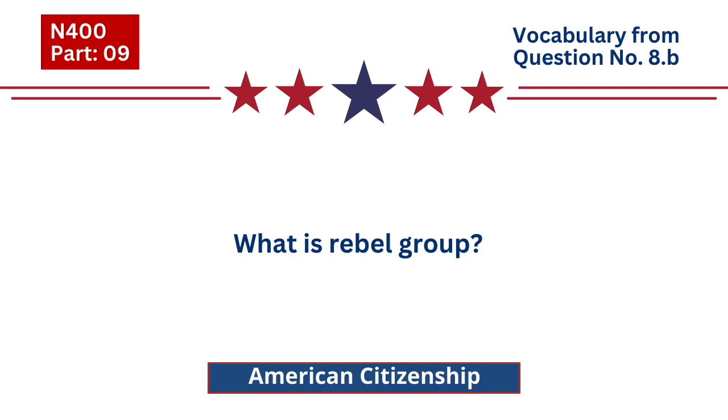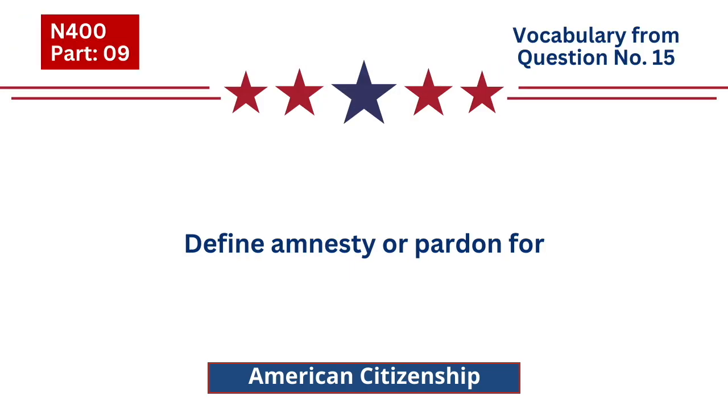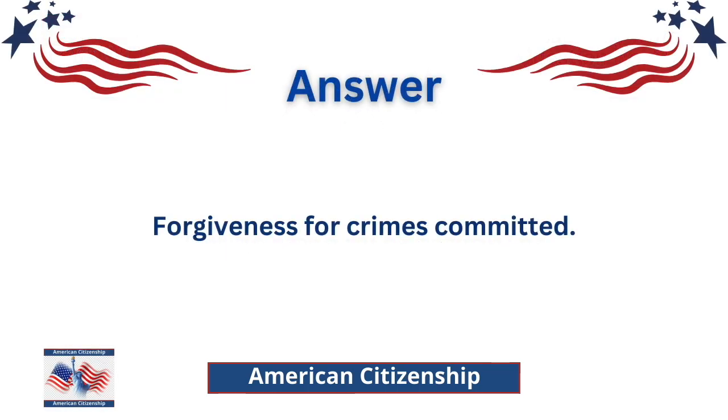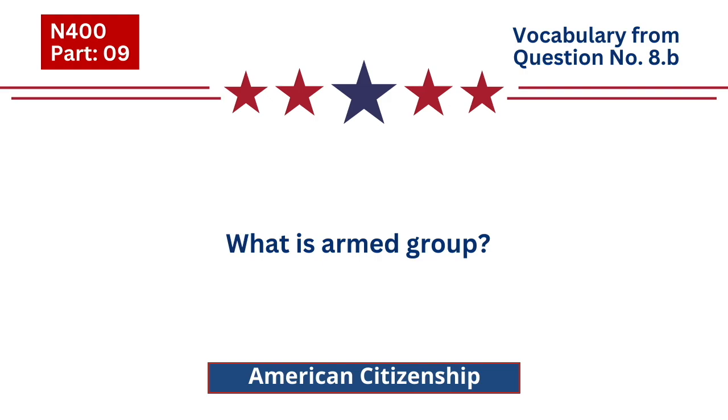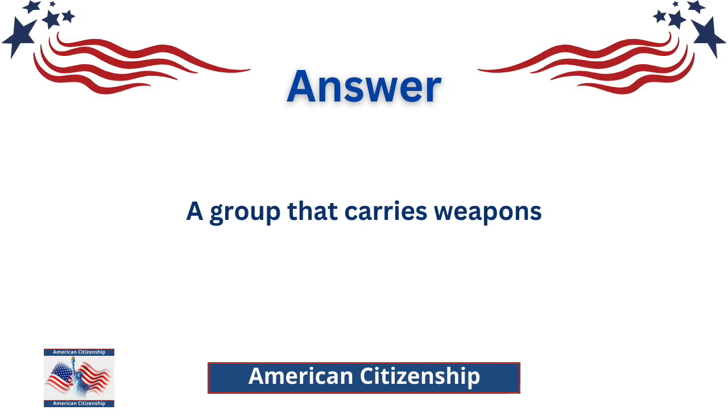What is rebel group? A group that fights a government. Define amnesty or pardon for. Forgiveness for crimes committed. What is armed group? A group that carries weapons.